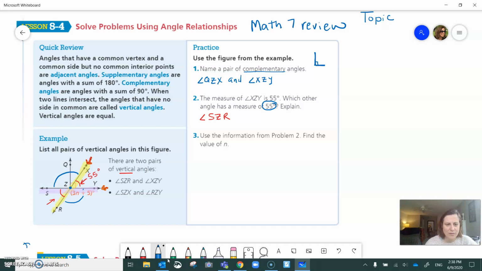So we know that this angle here has a measure of, so let's see, angle SZX is congruent to angle RZY. That's those 2 blue guys. We know that SZX, do we know how big that angle is? I'm going to do this a couple ways.